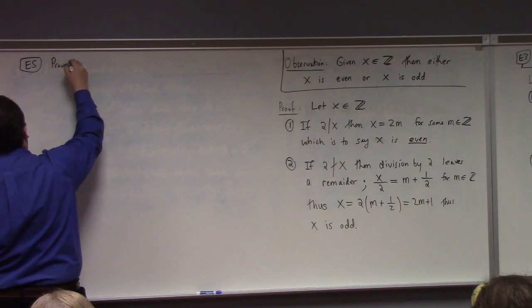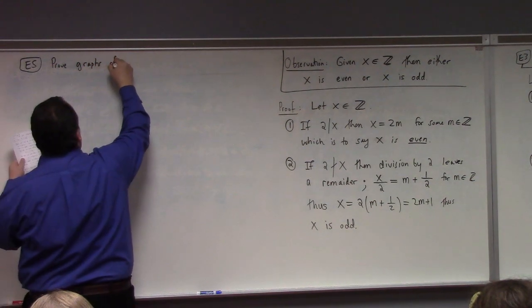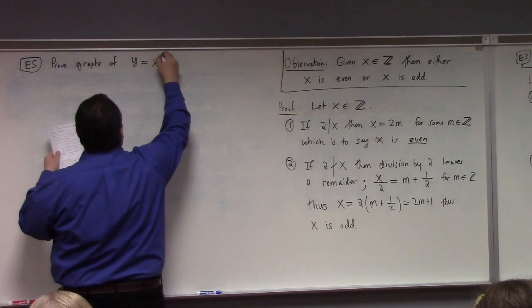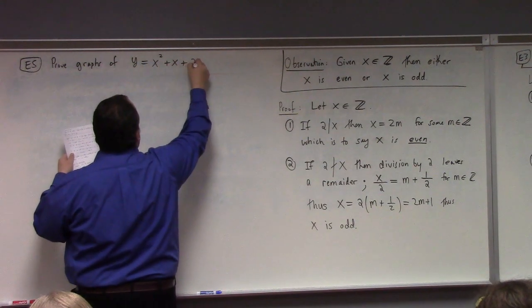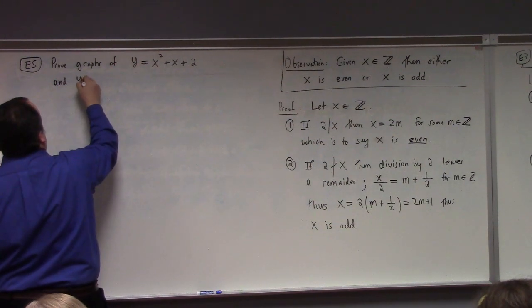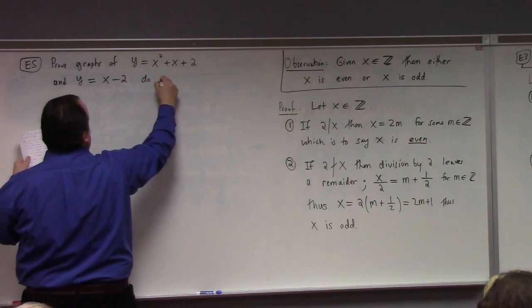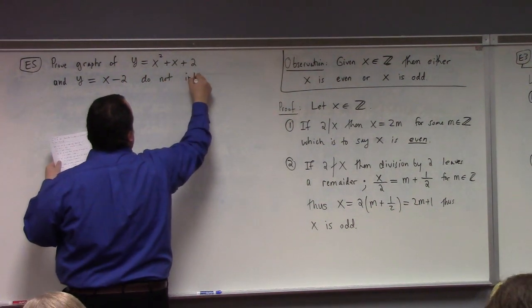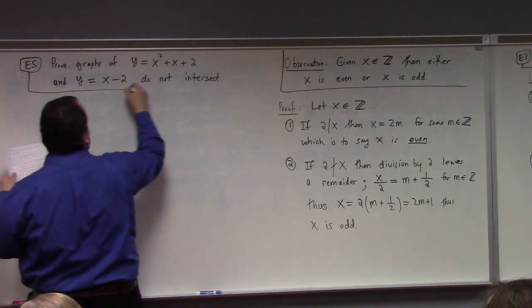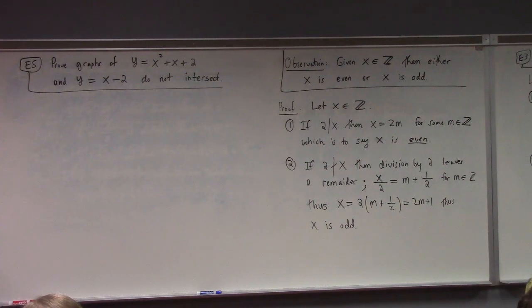Prove the graphs of y = x squared + x + 2 and y = x - 2 do not intersect. So the proof is going to be by contradiction.